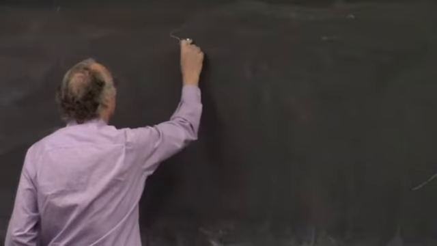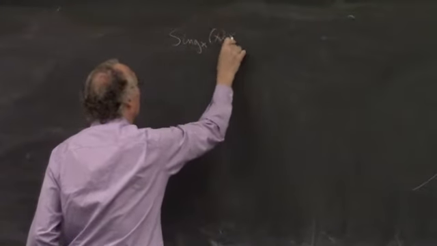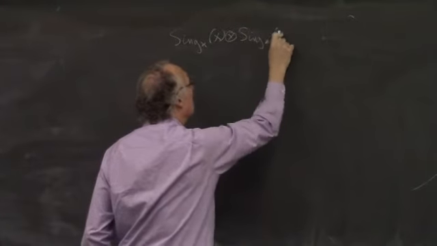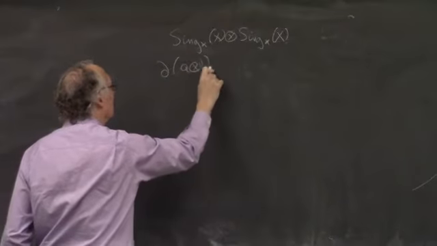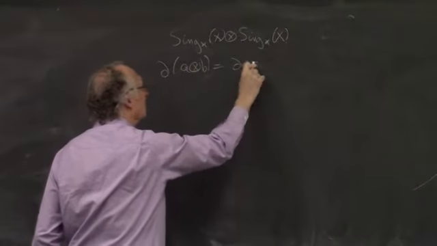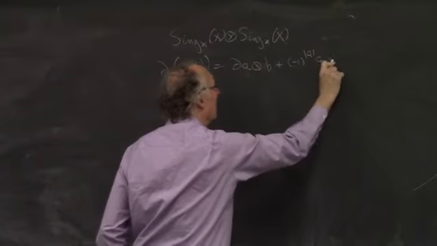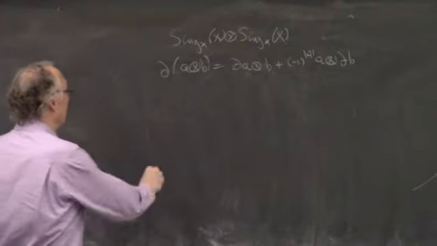remind you. If we take the tensor product of two chain complexes, the boundary map of A tensor B is boundary A tensor B plus -1 to the degree of A, A tensor boundary B. We already talked about that formula.